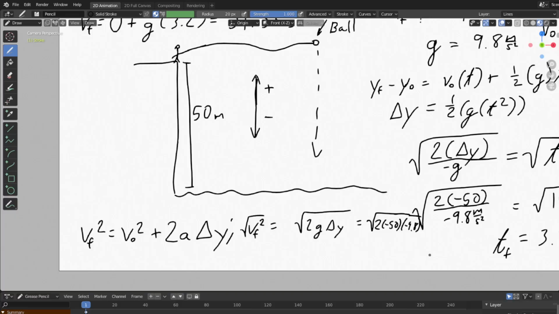So 2 times 50 times 9.8. Square root that. We get vf equals 31, let's say 3 meters per second.